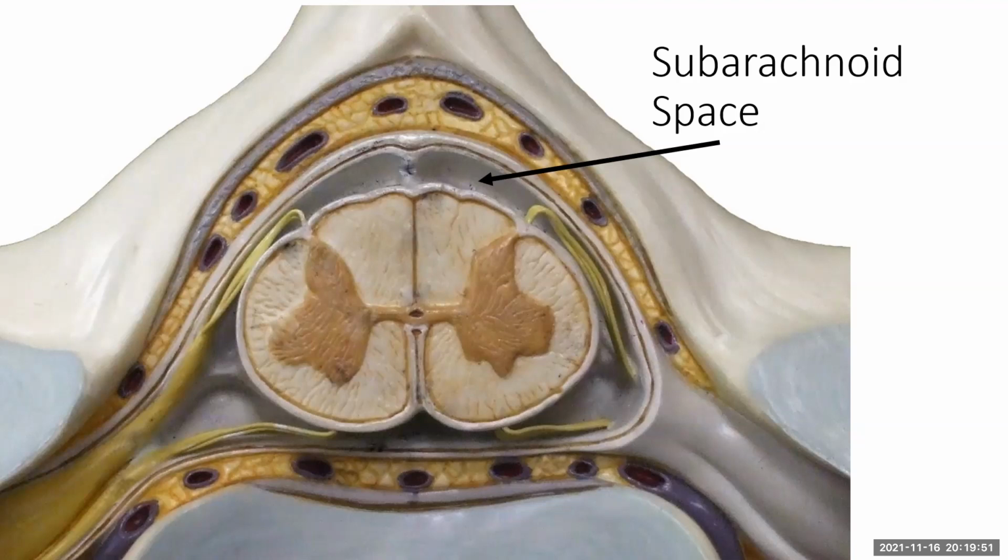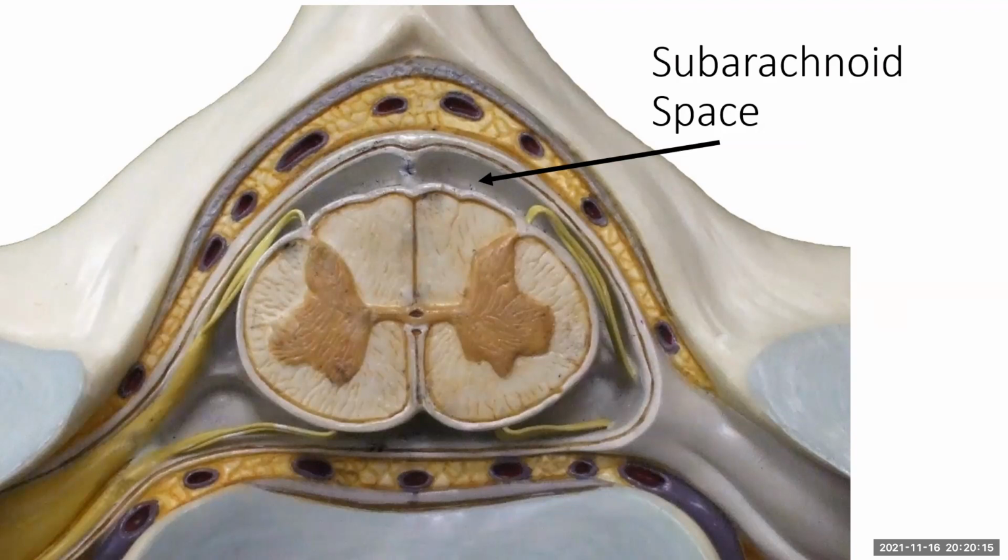So if you've ever had the experience of having a spinal tap done, what we have to do is bring a needle through all these layers and into this space here to collect some cerebral spinal fluid. We might suspect that you have meningitis. Hopefully, it's not bacterial meningitis.